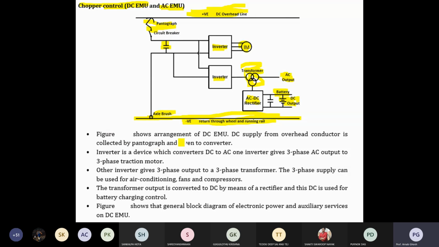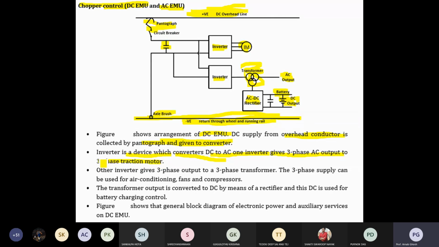So from the figure of a DC EMU, we can observe that DC supply from the overhead conductor is collected by the pantograph and given to the converter. The inverter is a device which converts DC to AC. One inverter gives three-phase AC output to the three-phase traction motor.